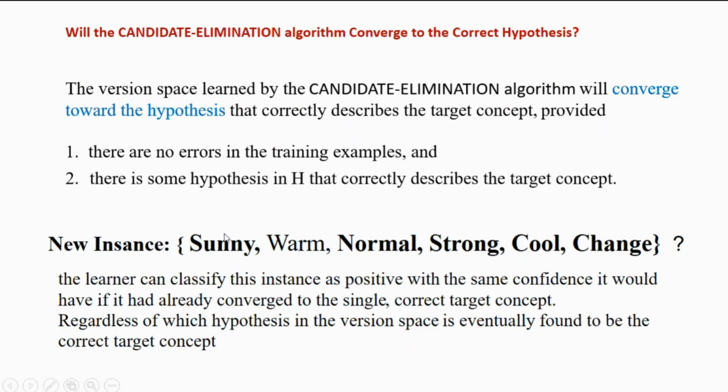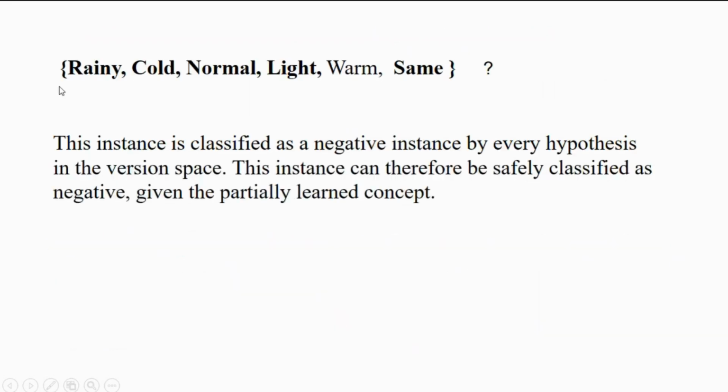Here, according to our hypothesis, this new instance will be predicted as enjoy sport, yes. So this is a positive concept. And suppose this new instance comes, then from our final version space it will be learned that it is a negative instance. This question mark will be replaced by no. So the version space will correctly classify them into their respective concepts. So that's why the algorithm converges.